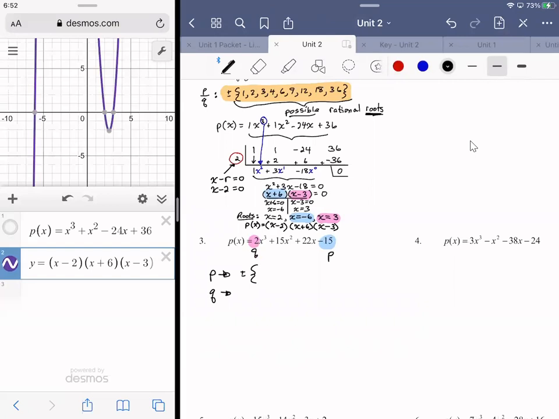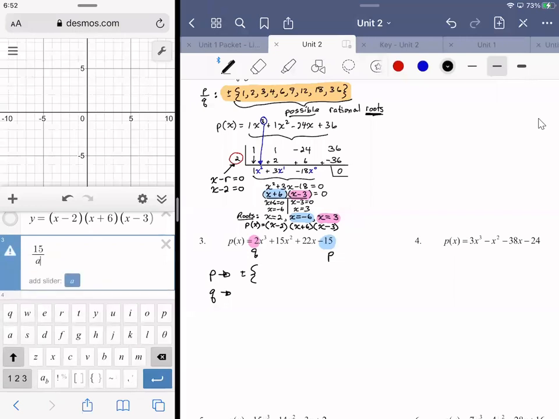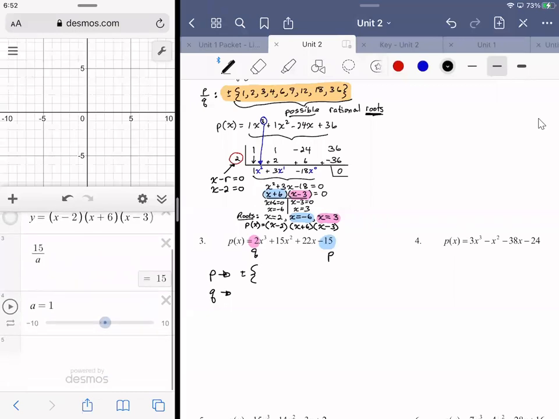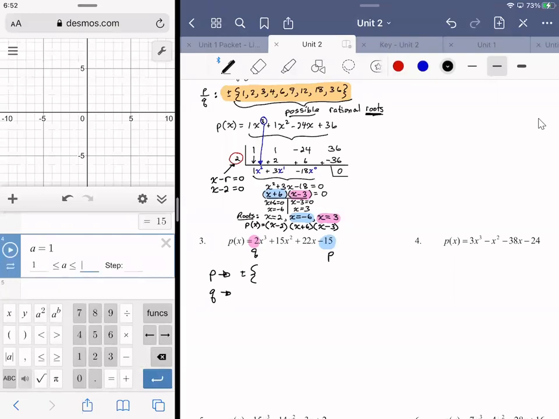All right. Now, I mentioned before that the simple way of doing it, but also a very tedious way, is to say, all right, well, what does 15 divided by 1 give you? What does 15 divided by 2 give you? And so on. But you could also use a slider by saying 15 divided by A, whatever letter you want. And then have that slider go from 1 to whatever the number is, in this case 15, in 1 unit increments.